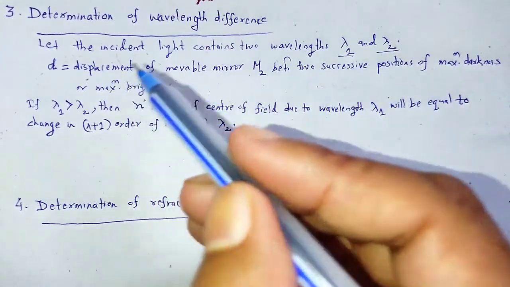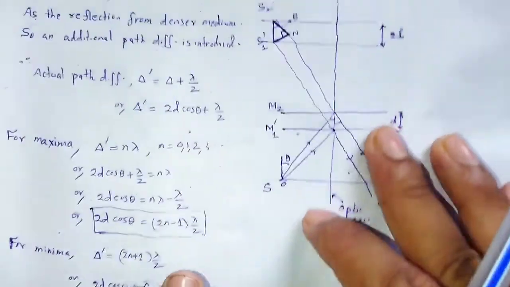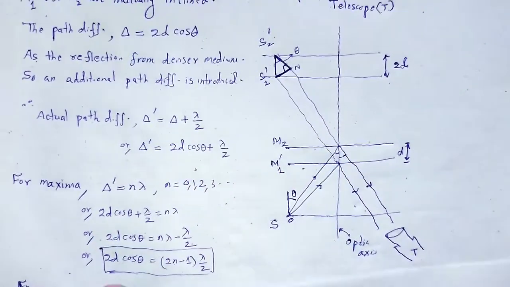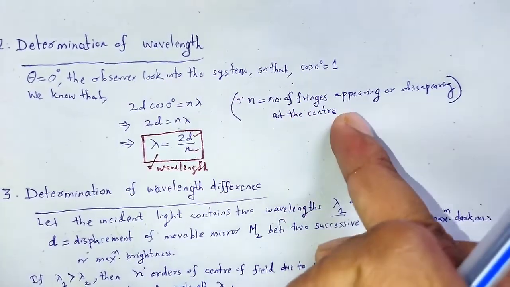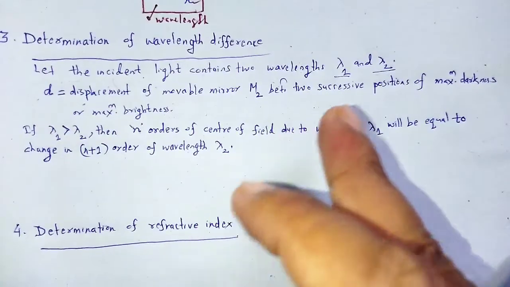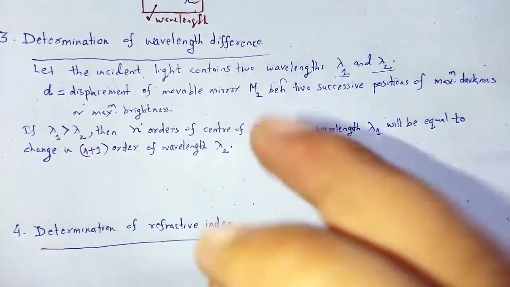Okay, d as we take the distance between the mirrors, and n as we take the number of fringes appearing or disappearing at the center. For lambda 1 let n, for lambda 2 let n plus 1th order.